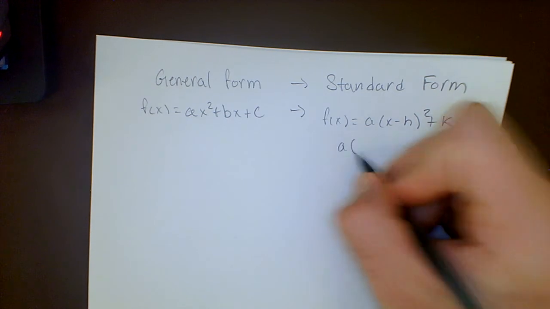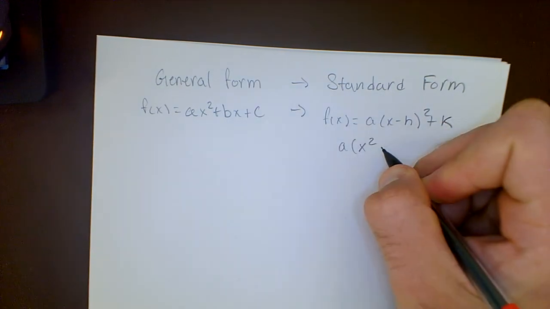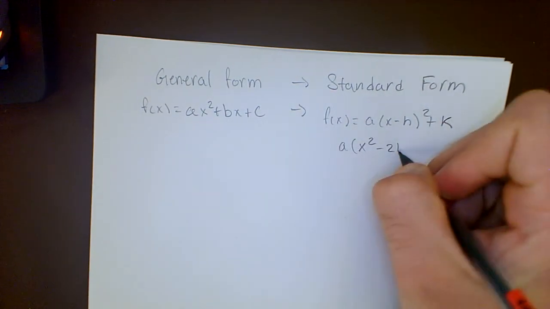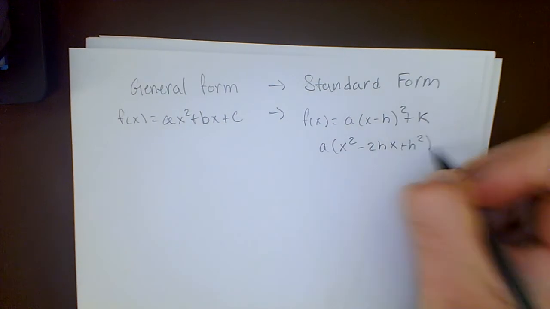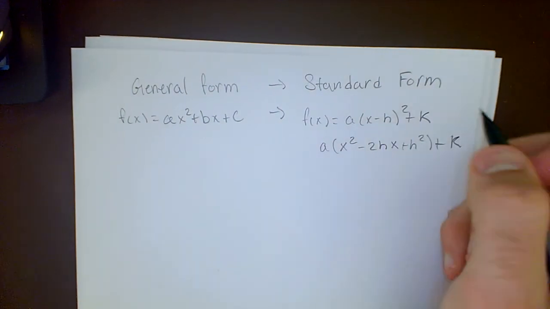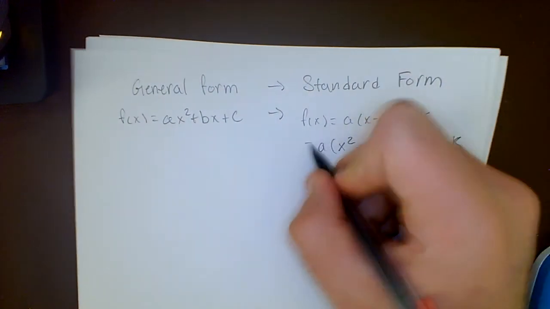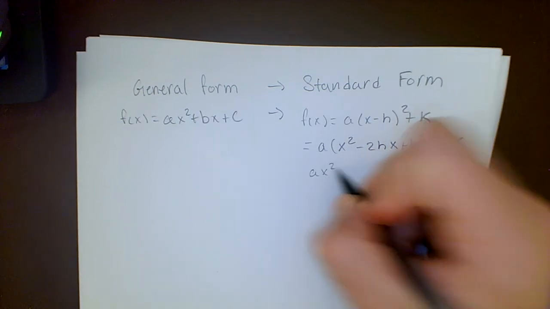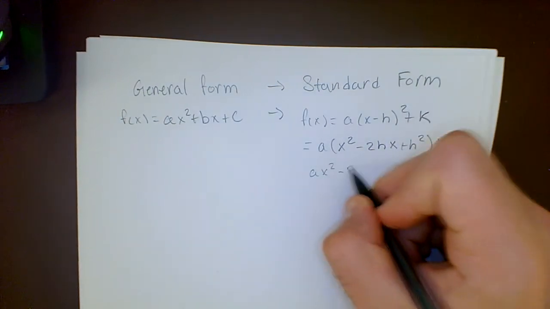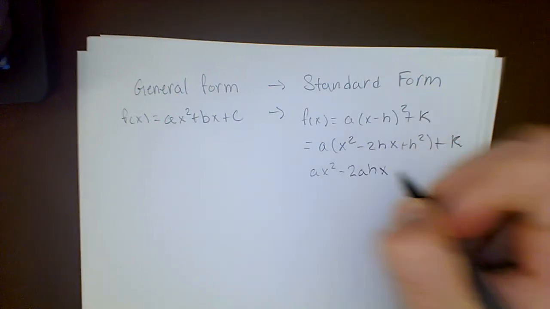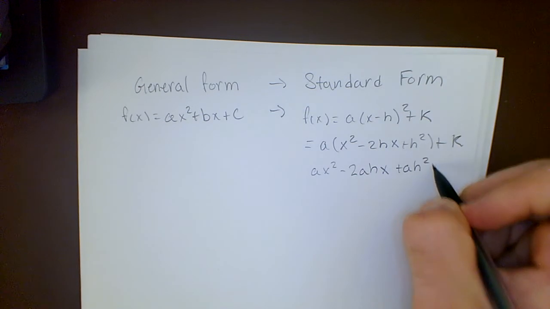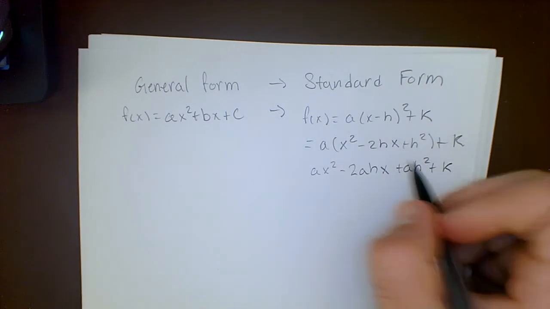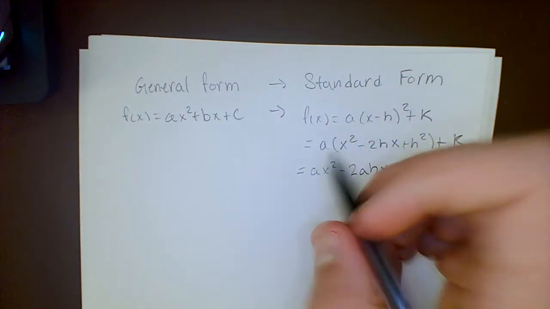So this one is going to be a times x squared minus 2hx plus h squared plus k. So this is going to be ax squared minus 2ahx plus ah squared plus k, right? All I did here was distribute out that a.